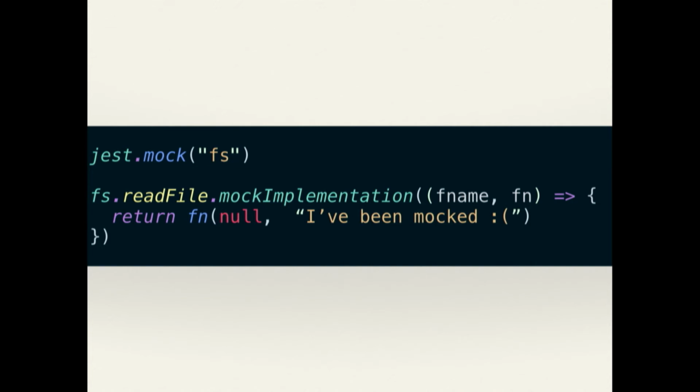Here is what you can do: you mock FS, and then we're going to use a different function from Jest called mockImplementation. What that does is it pretty much just creates, once again, a jest.fn or function for you, but it allows you to gain access to what's passed into that function, which is necessary in the readFile API because it's a callback-based API.